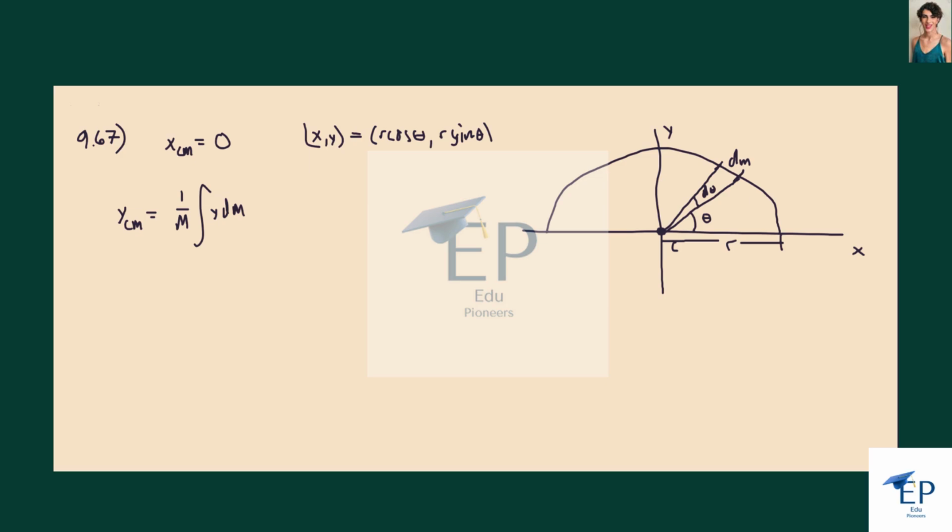Well, it's uniform in length, right? So if the length of that wire chunk is dl, then dm is going to be the total mass divided by the length, which would be pi times radius, times dl.